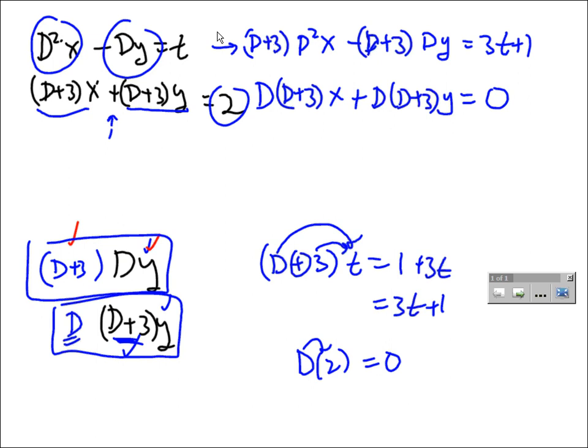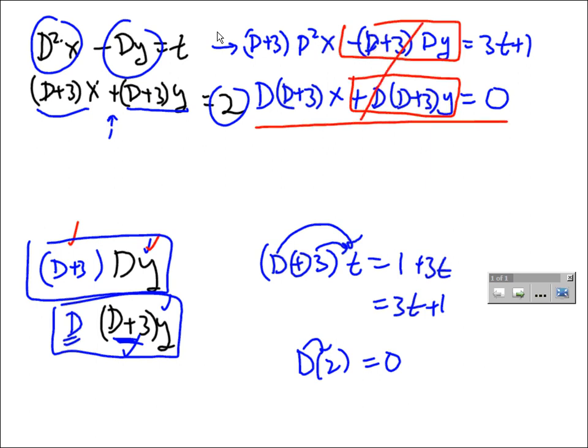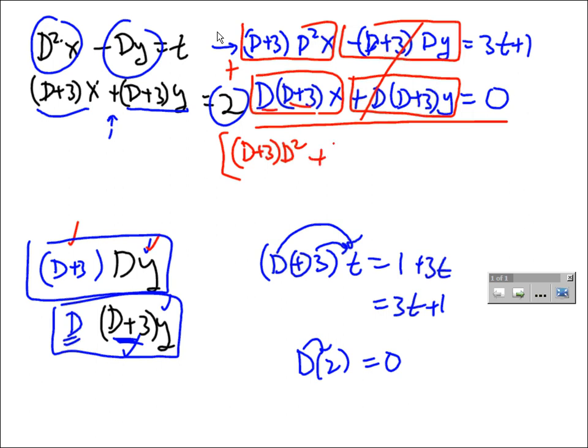Now, these two only differ by a sign. And if I want it to cancel out, I better add. So I add both equations. I'll have d plus 3 d squared. That is, I'll have this plus this, and I'm factoring out this. I have d plus 3 d squared plus d plus 3. So this operates on x, and I add the right sides.